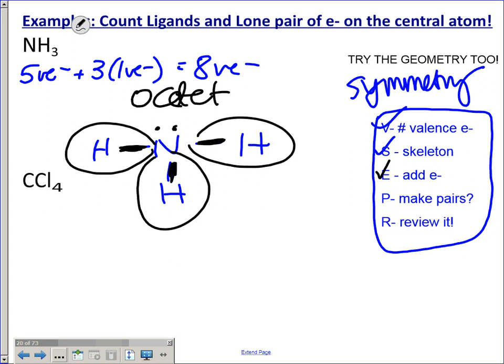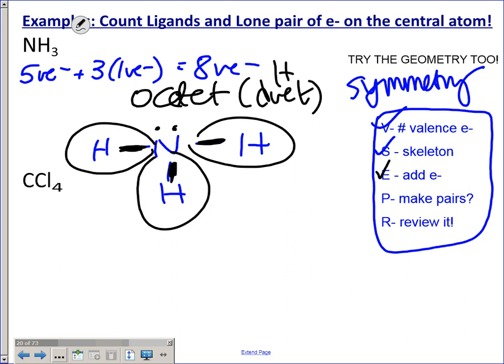But look at hydrogen, guys. It's teeny tiny. It's only going to max out at helium's number. What's helium's number of electrons? 2. So the exception to the octet rule is the duet rule, which hydrogen has to follow. Hydrogen shall never, ever, ever have more than 2 electrons. It's just tiny.